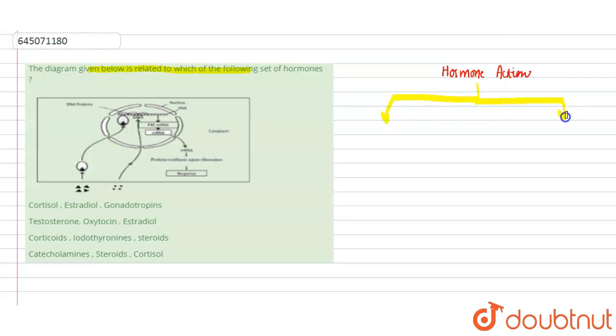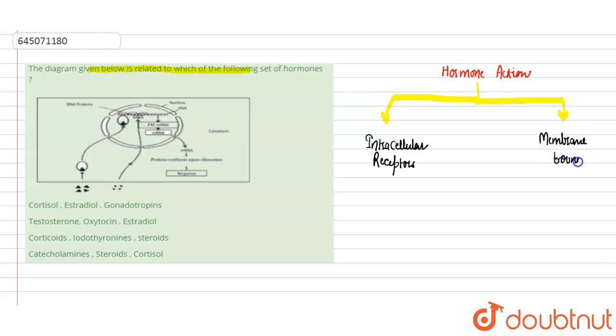First, they act via an intracellular receptor, or directly they can enter and bind with the nuclear DNA. And secondly, they act via membrane bound receptors.